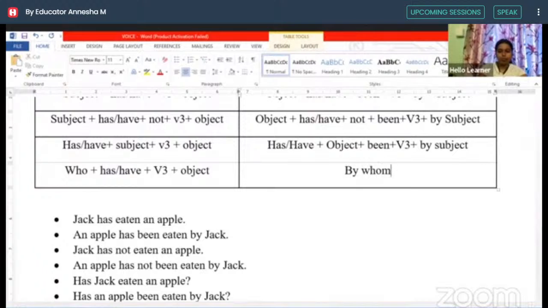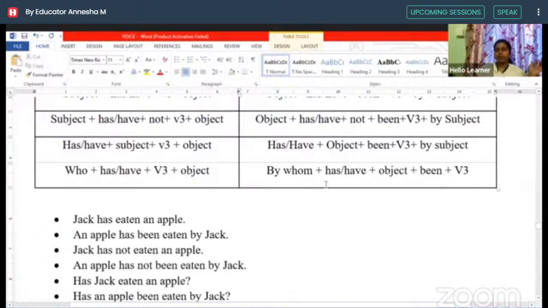By whom? By whom? Ma'am, object I think will come before has. No. By whom has an apple been eaten? So V3. Yes, this is the formula, ma'am.